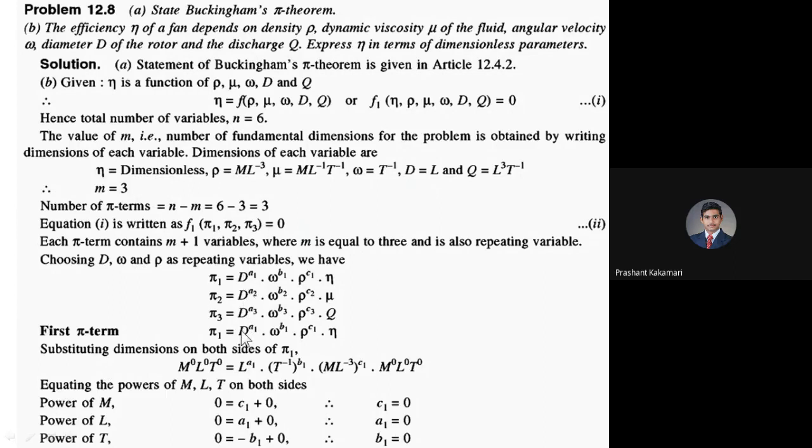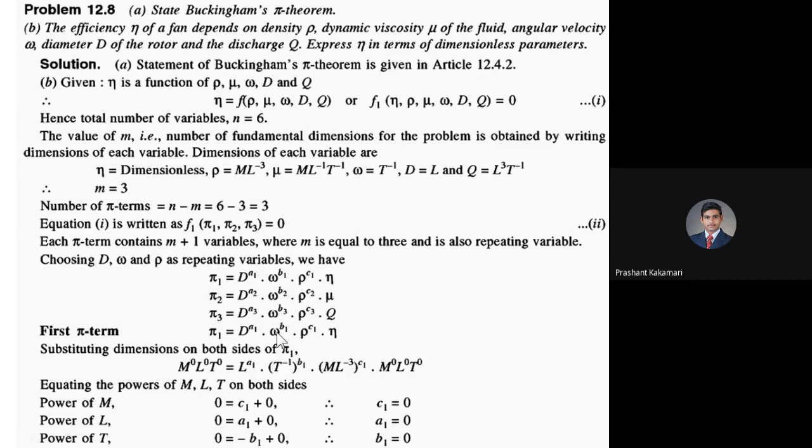Next is the flow property you have to choose. What is that flow property? Velocity and acceleration are not given in the problem. Then we are left with per second, that is, the angular velocity is given. That is a kinematic property. So the kinematic property we have chosen, omega, as a repeating variable for pi 1, pi 2, pi 3.